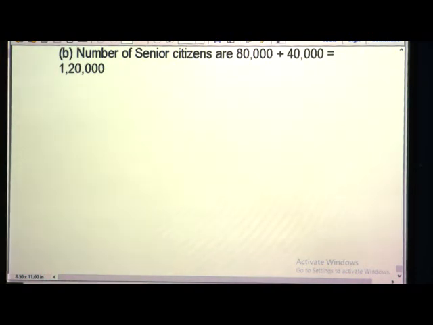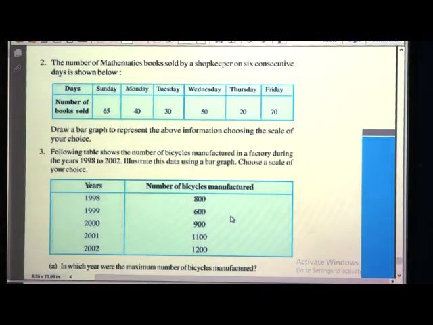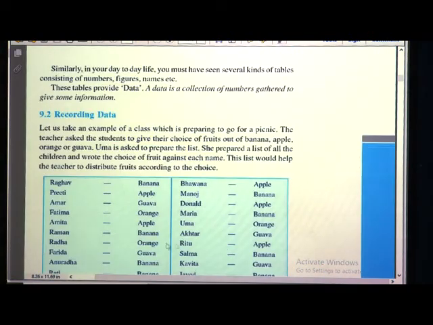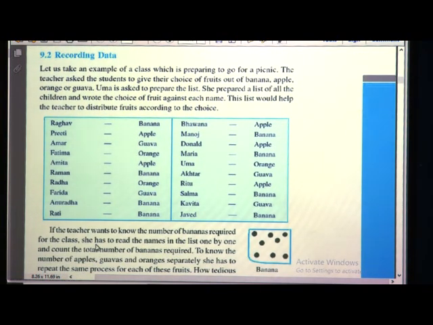So students, we have seen about the bar graph. So let us have a review of what we have studied in this lesson. So recording data. We have seen the different methods of recording data. First of all, the easiest method, the time consuming method we have seen.